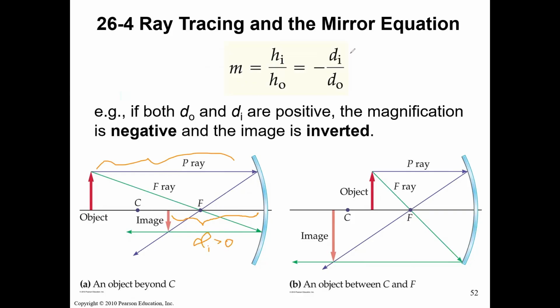So we have two positive values and there is a negative sign, so it's smaller than 0. It tells us that the magnification is negative and the image is inverted. Same thing in here: D_O is positive, D_I is positive, the image is inverted, and the magnification is smaller than 0.